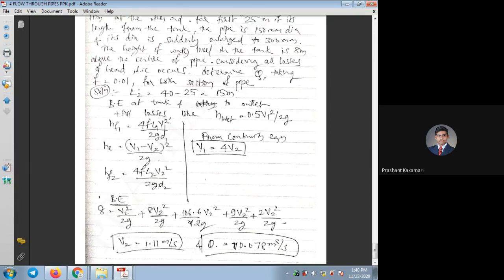We are getting a discharge value of around 0.078 meter cube per second. Or if any changes are there, you can just find out and tell me. In only these two problems, what I did is I've taken all short forms so that you can analyze in the Bernoulli equation and continuity equation, and you only substitute and tell me the answers.